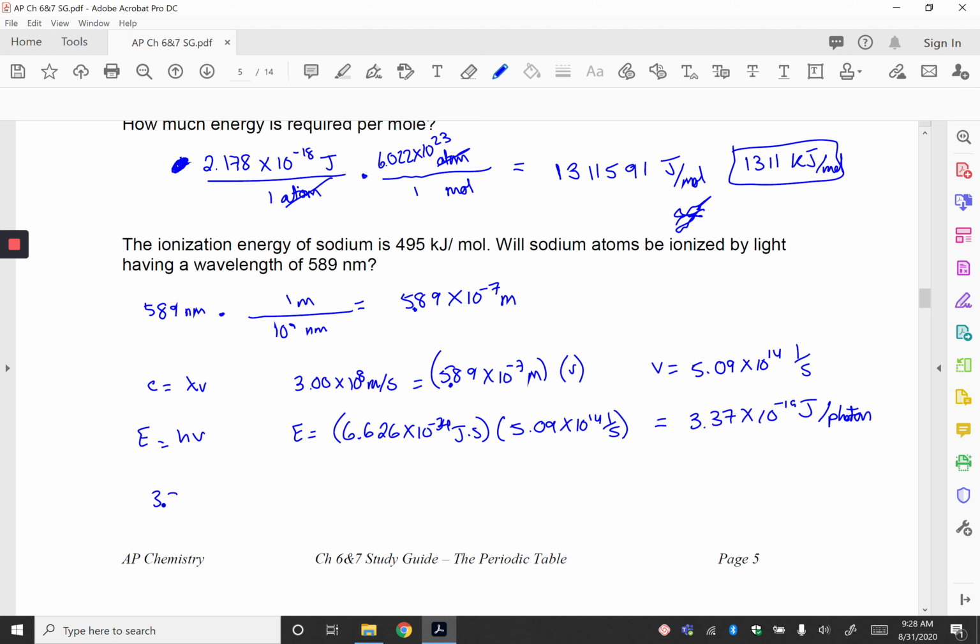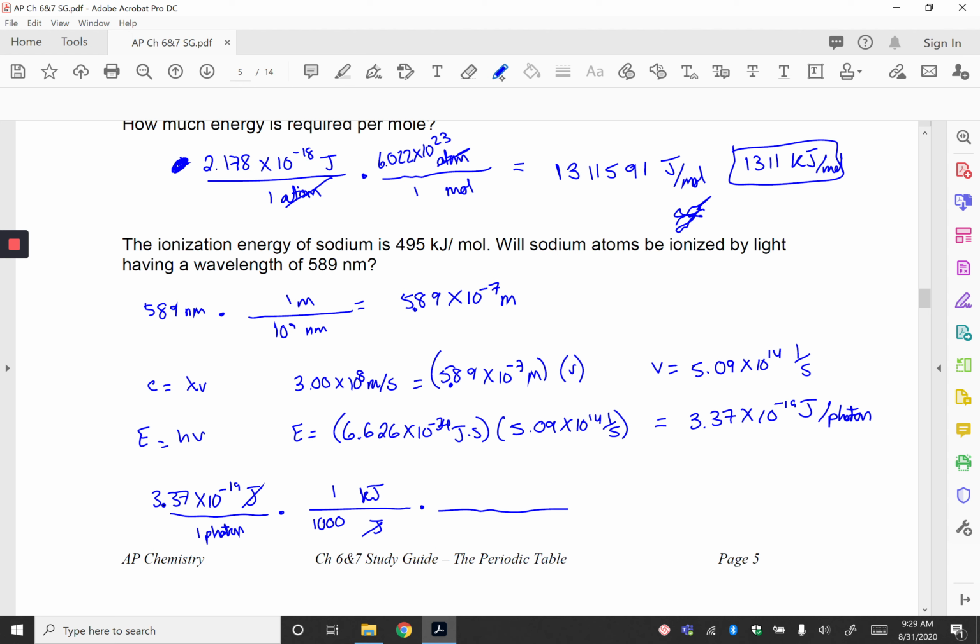So I have 3.37 times 10 to the negative 19 joules per photon. So first I'm going to go from joules to kilojoules. I'll put joules here, kilojoules here. 1 kilojoule is 1,000 joules. So that way my joules cancel. I'm kilojoules per photon right now. So the next step, I'm going to go from photons to moles.